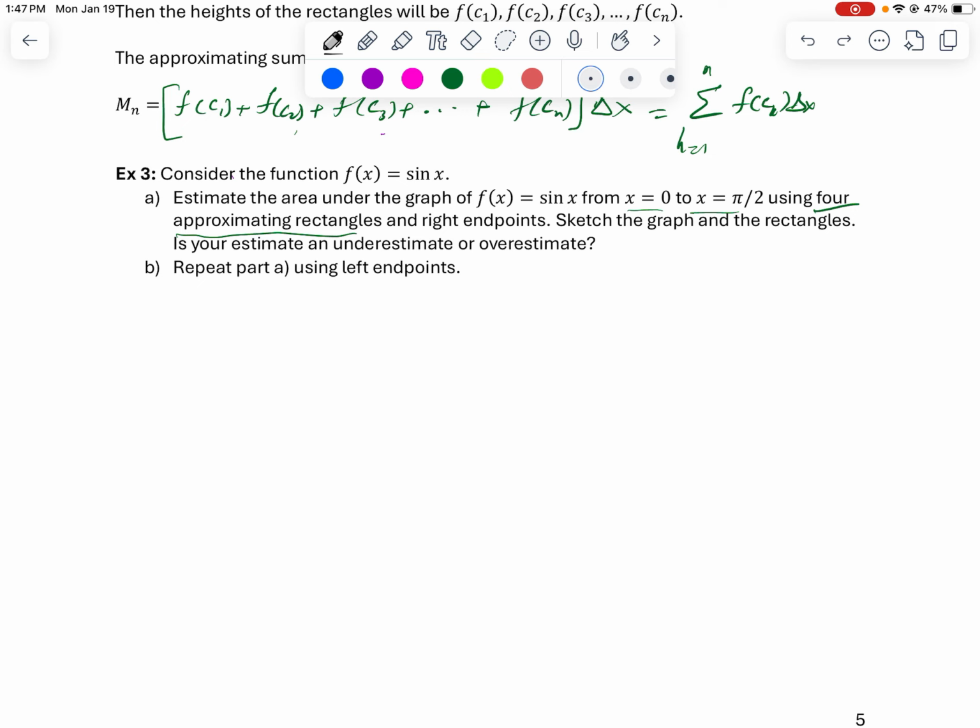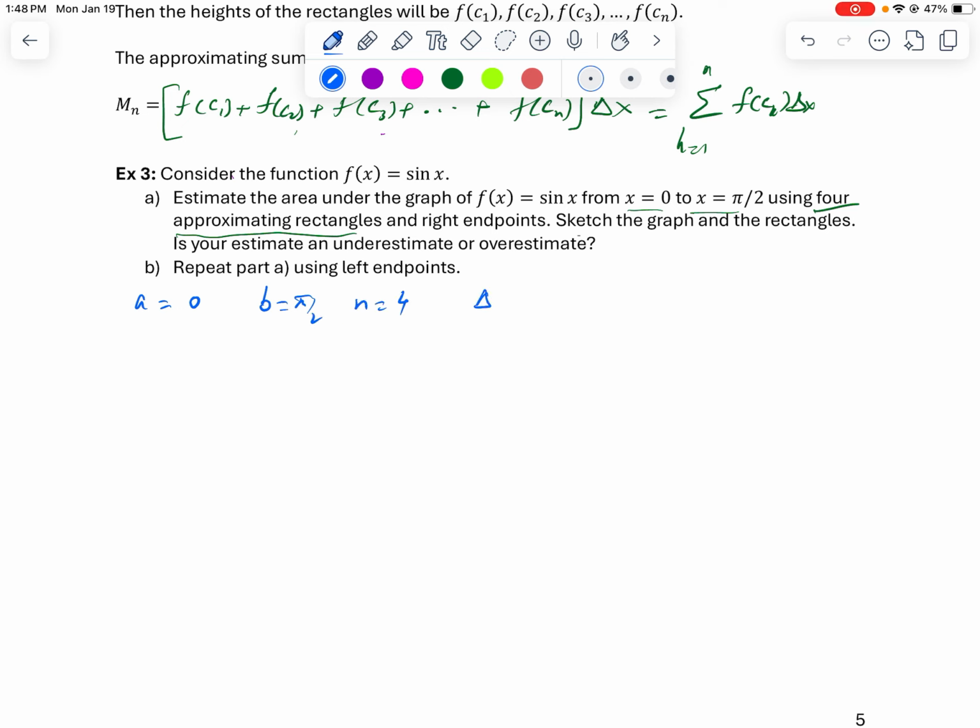We also sketch the graph and the rectangles, and then say whether your estimate is an underestimate or overestimate. Okay, so we can start by finding the delta x first. So what is a here? A is 0, b is pi over 2, then n is 4.